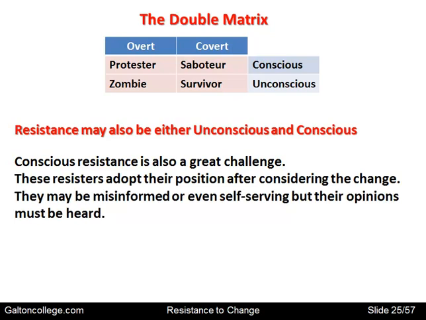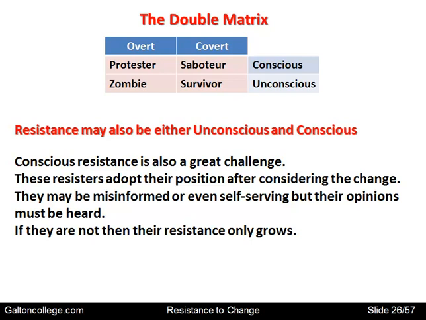They may be misinformed or even self-serving, but their opinions must be heard. It's important that accurate information is passed out, and these people may be just misinformed. They might need to be put back on the tracks. They might need to be briefed properly as to what the change involves. But they're consciously opposing it. They know what they're doing. They're against it, but the reasons why they're against it may be complex, as I'm suggesting.